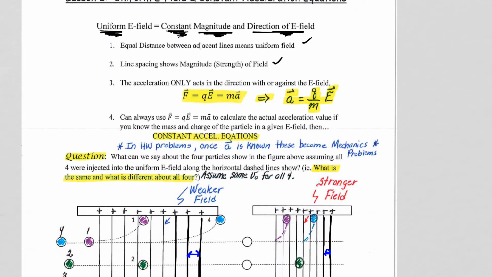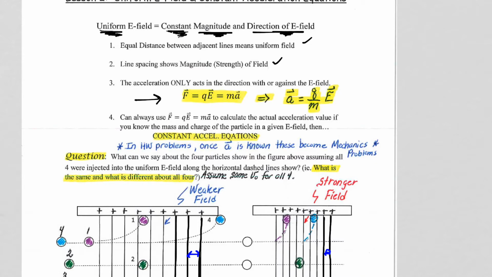Now, the homework problems for this lesson will not really involve the field maps. That'll be more in our next lesson. For right now we're going to be utilizing the equation F equals qE equals ma. That will be our go-to equation for our numeric problem solving for this page of notes.